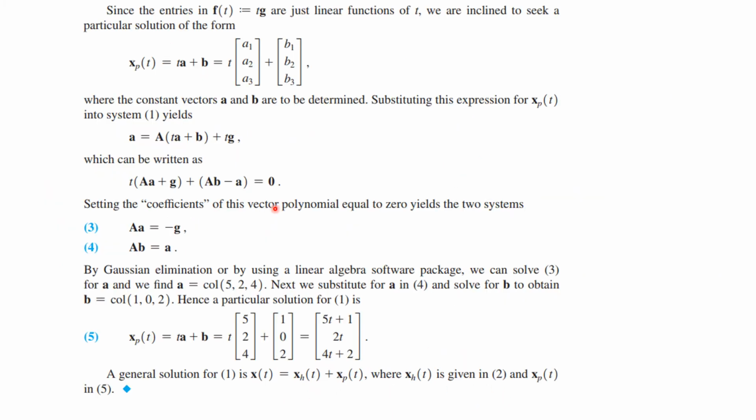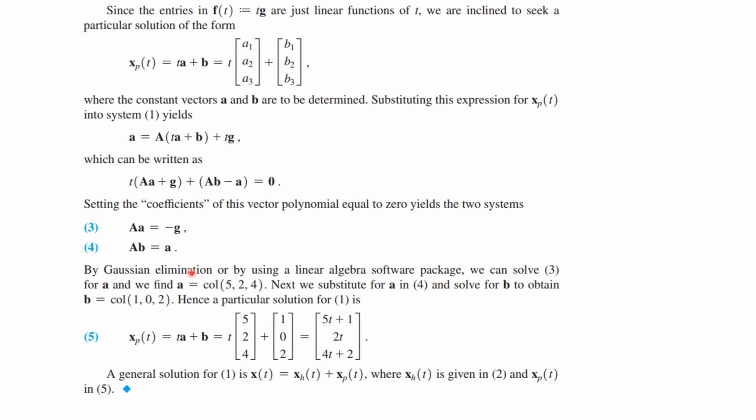Now we have to turn our attention to t times g, and again we're going to be able to assume that x sub p is equal to t, and then this is going to be a1, a2, a3, b1, b2, b3. Again, what we're going to do is we're going to substitute it into the equation.